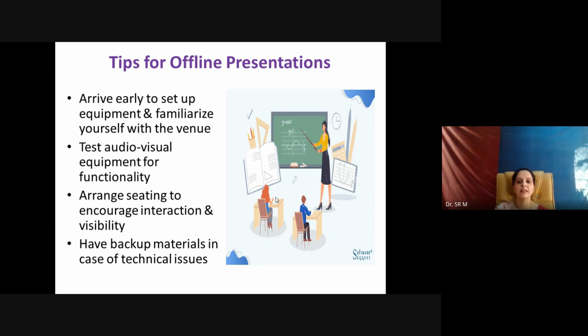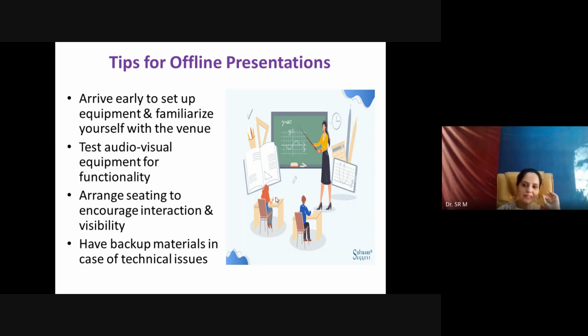Arrange seating in a manner that promotes interaction, collaboration, plus, as I told you, the visibility for all the attendees. You can consider configurations such as theater style seating if your audience is large in number. Or you can even plan for circular seating for intimate discussions or group activities. Plus, ensure accessibility.